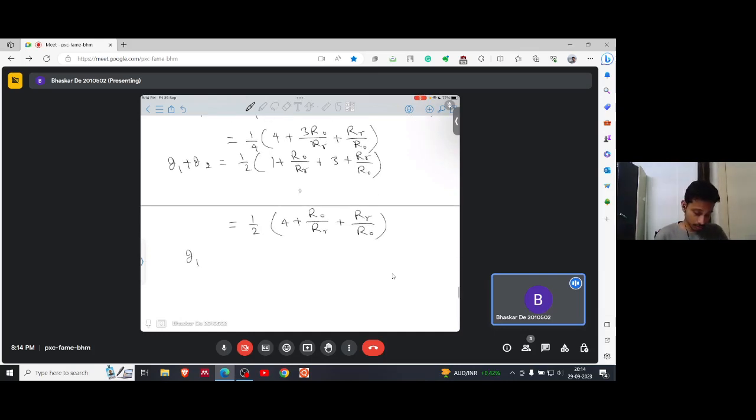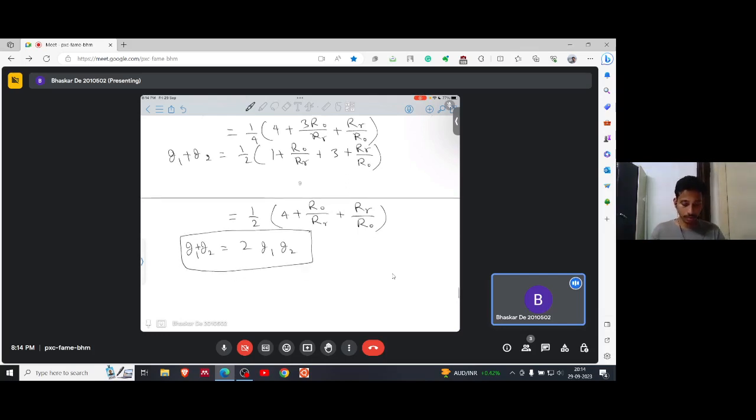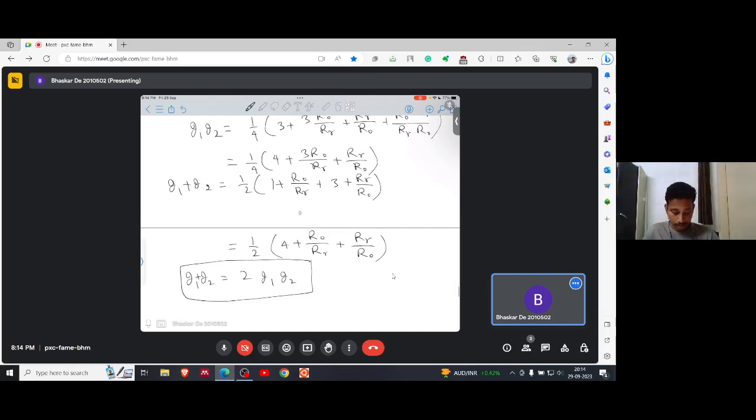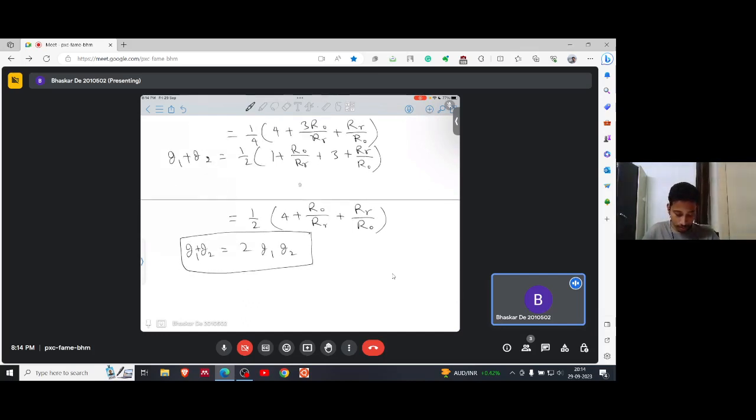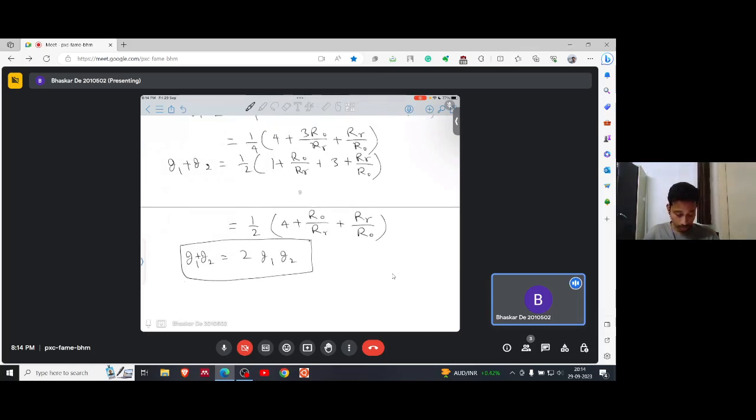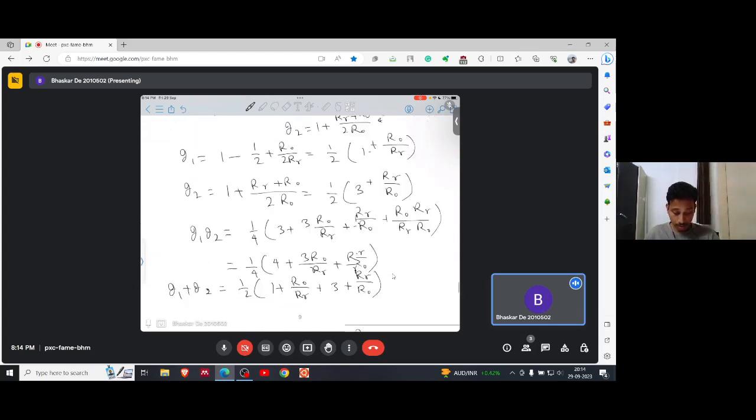So basically we have g1 plus g2 equal to 2 g1 g2. This derivation is not necessary, but there might be an MCQ question which will ask what is the relation between g1 and g2 for an unstable resonator. So this is the relation, and here is the derivation.